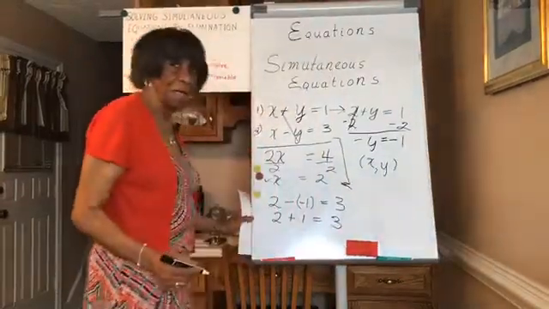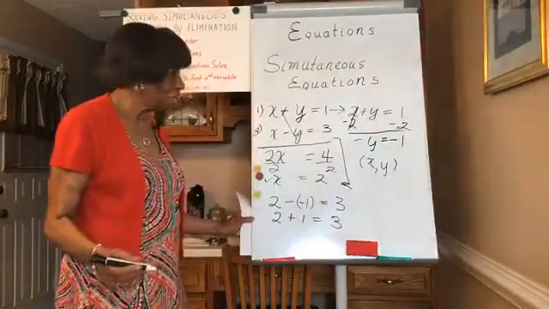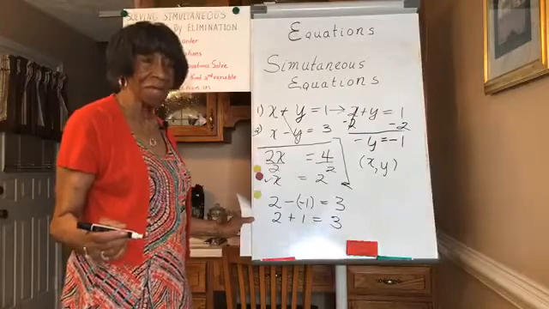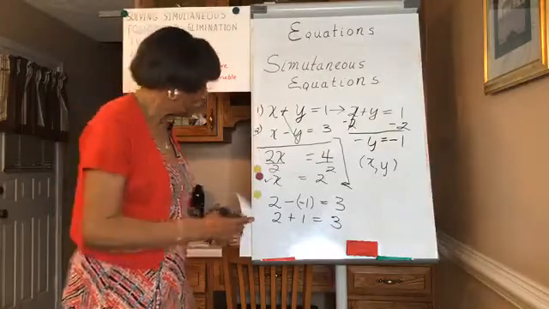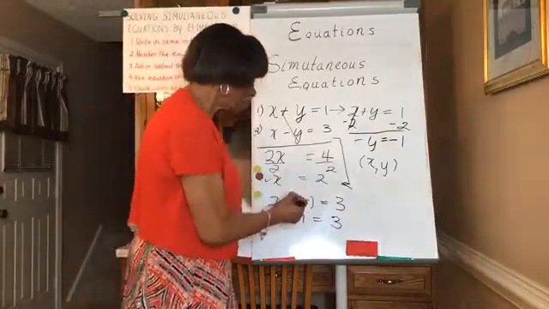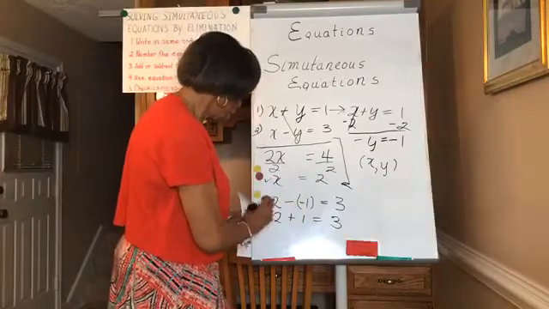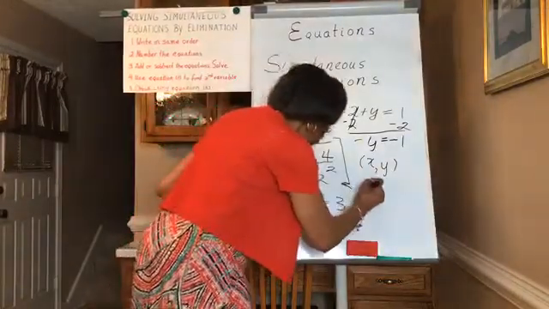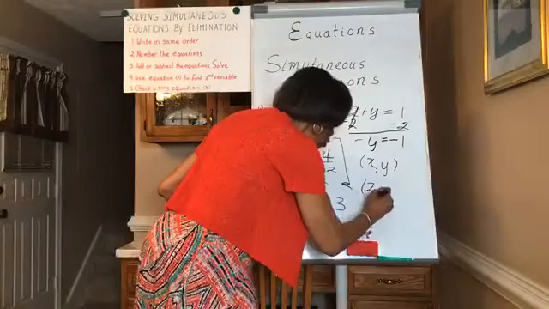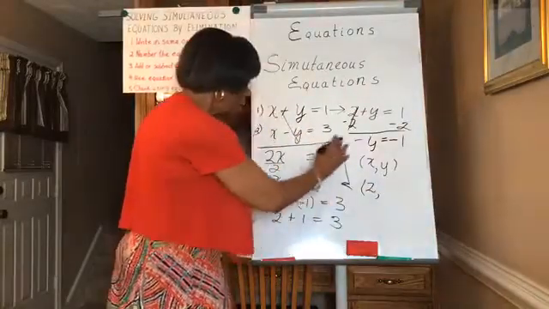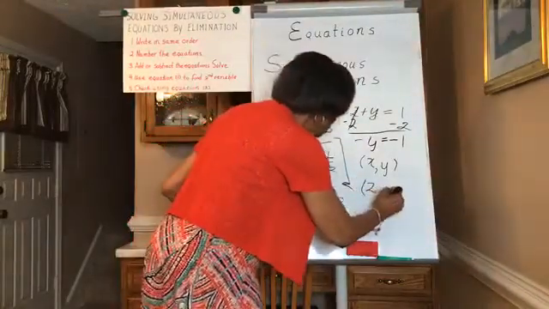All right, x comma y, the lower alphabet comma the higher one. So how would we express this answer? So x is 2, so our result is 2 comma negative 1.